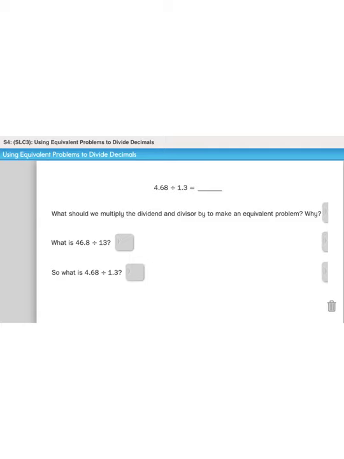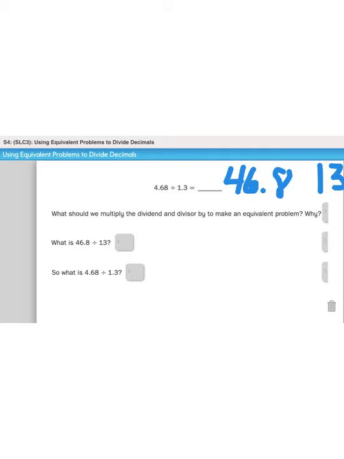Let's look at the problem 4 68/100 divided by 1 3/10. What should we multiply the dividend and divisor by to make an equivalent problem? Let's try multiplying them by 10. If we multiply 4 68/100 by 10, that will give us 46 8/10. And then if we multiply 1 3/10 by 10, it's going to give us 13.